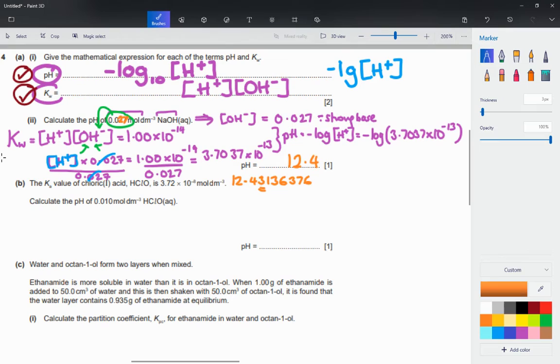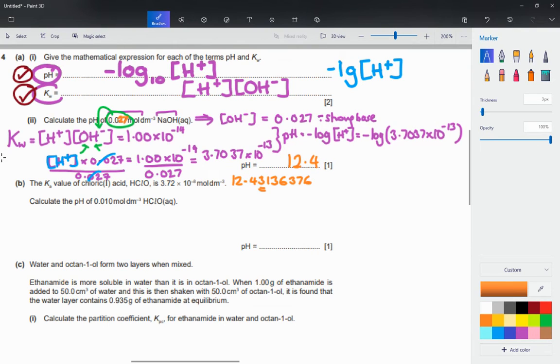Looking back over the question, you have 2 sig figs, but you have 3 decimal places here. And then you have in your kW value arguably 1 times 10 to the minus 14. So you're in a situation where you've got to try and think, right, okay, what if I used two significant figures in my answer?